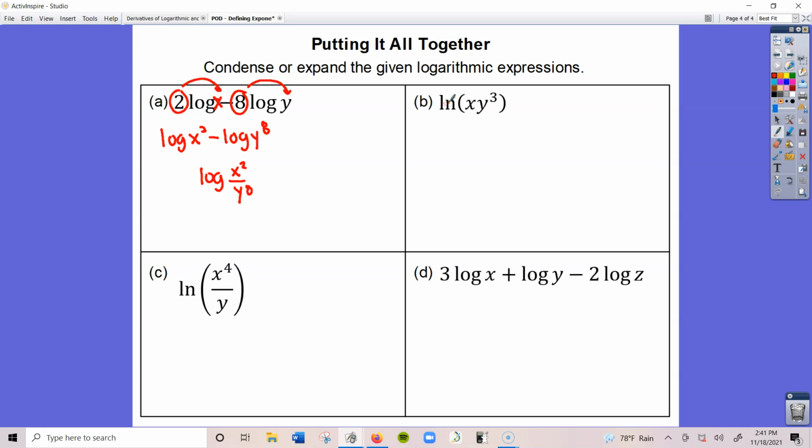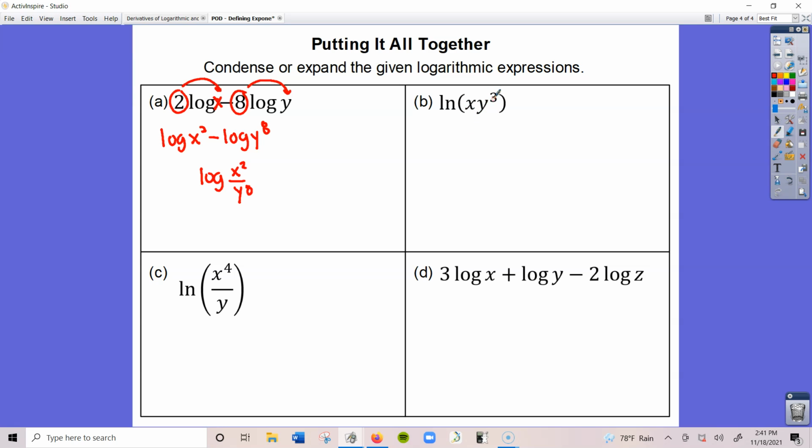For b, here we have ln. Now, ln is the same thing, we use the same properties of logarithms, because even though it says ln and it doesn't say log, remember that ln is just the natural logarithm. It's the log with a base of e, so we can still apply the exact same properties. Inside of this natural log, we have x times y to the third.